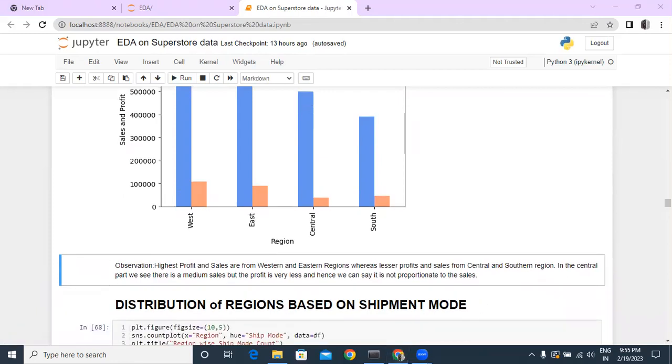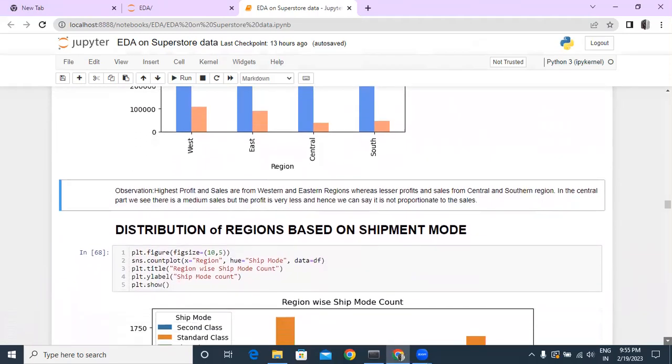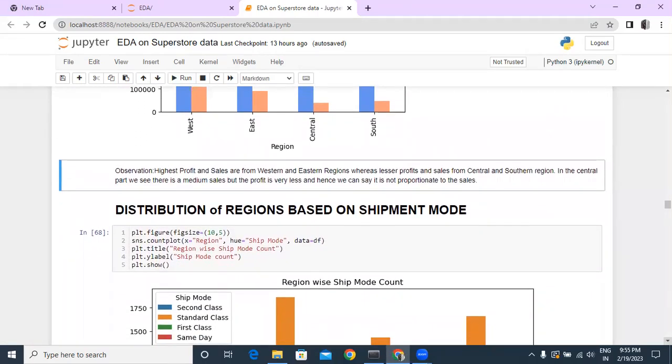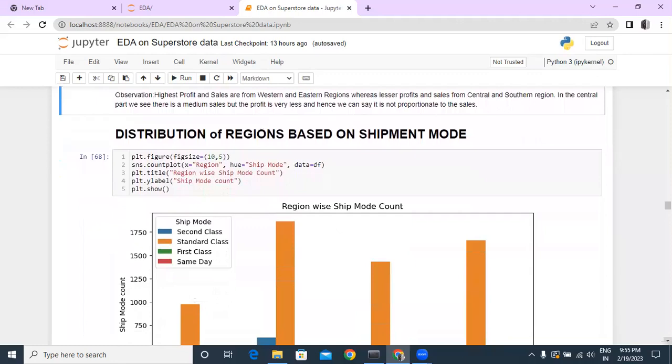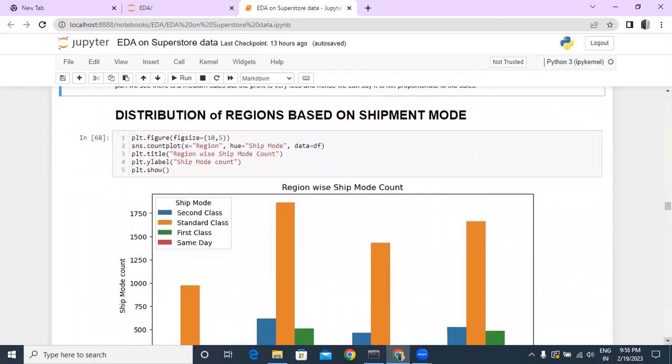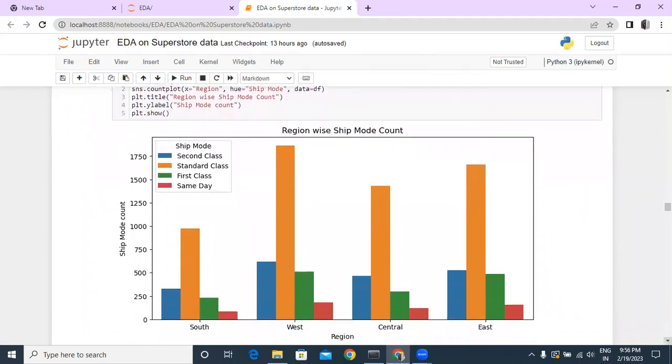Now we are moving on to the distribution of regions based on the shipment mode. For that, we are plotting a bar graph again, and let's see over here. We are plotting the count plot, and we can see accordingly for the regions we are getting the ship mode count.